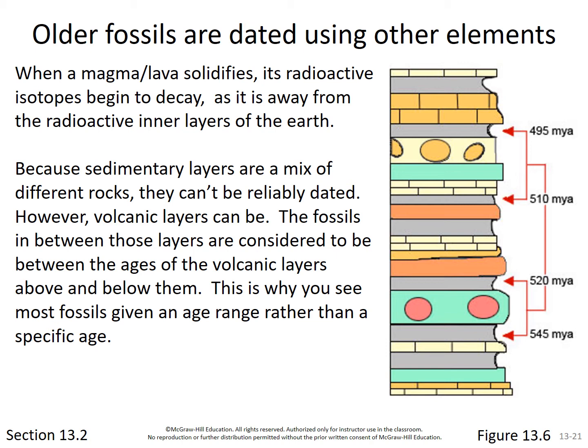So if you find a fossil in between a layer that's dated 510 million years ago and a layer that's dated 495 million years ago, then your fossil is between 495 and 510 million years old. And this is the reason why you see most fossils given an age range rather than a specific age.